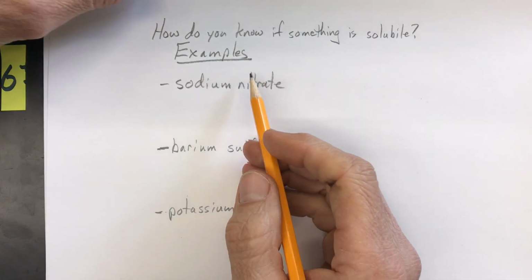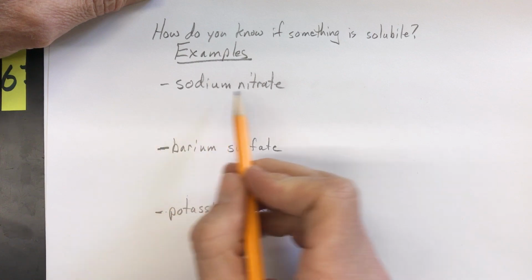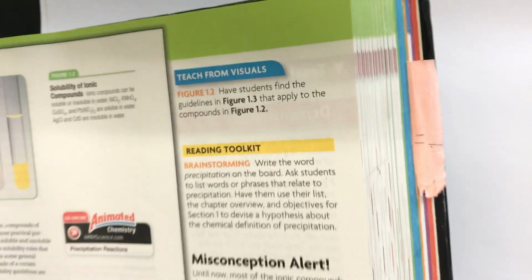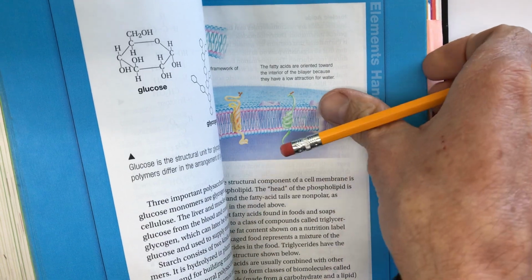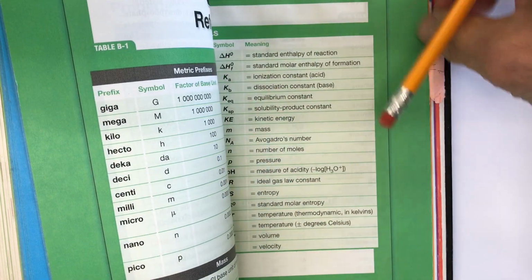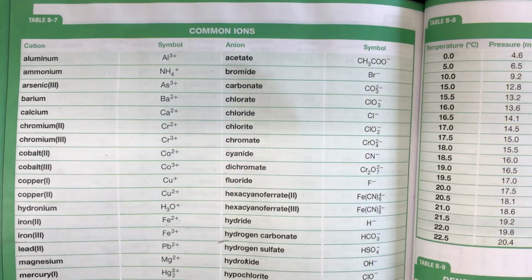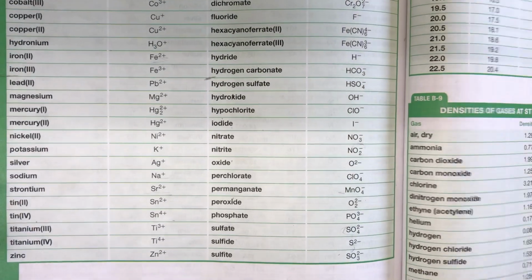So how do we know if something's soluble? First of all, our first example is sodium nitrate. The first thing we have to do is get a formula for that. Well, what if I don't remember? Just a reminder, you can go all the way back to page R78 and you can find the different ions here.